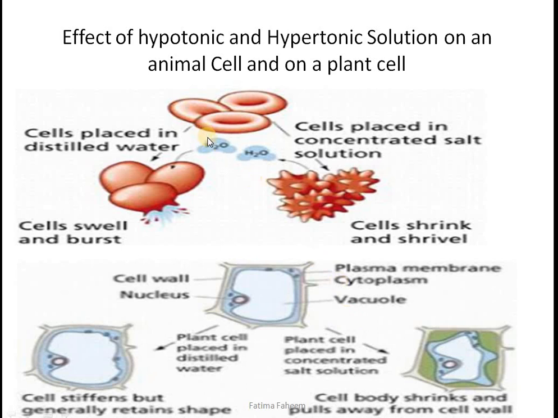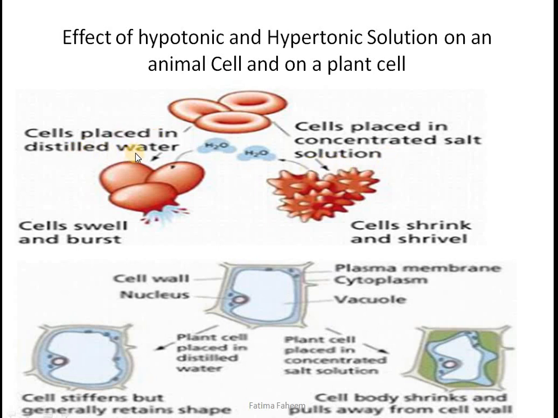This is another diagram to help you understand the effect of hypotonic and hypertonic solution on an animal cell and on a plant cell. You see, I have taken some animal cells, RBCs, and I have placed them in distilled water and in concentrated salt solution.